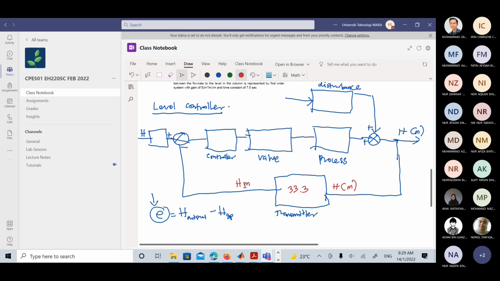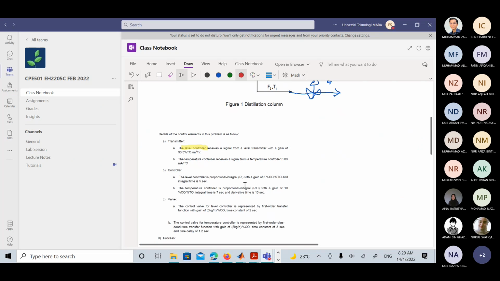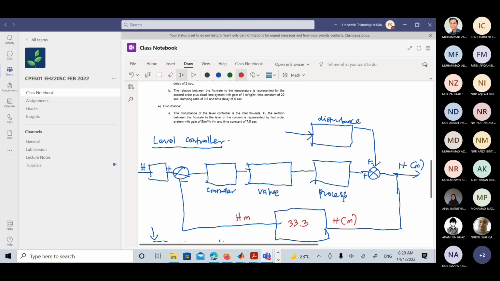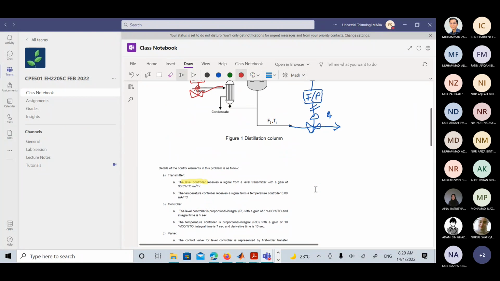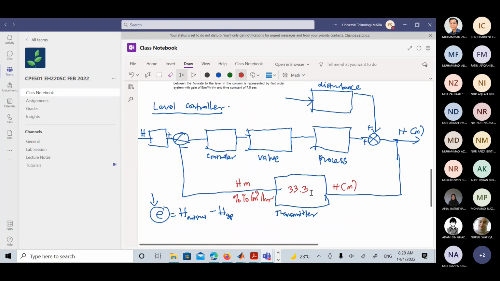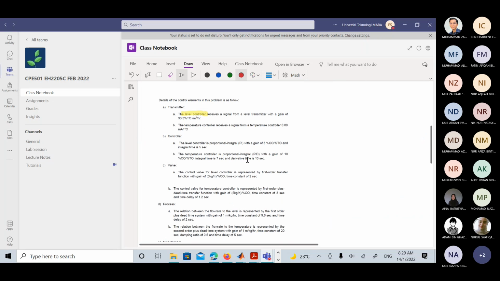The unit tadi apa? Percent TO per cubic meter. Alright. Okay, so after that, this is the set point. And then controller. So we move to the controller.